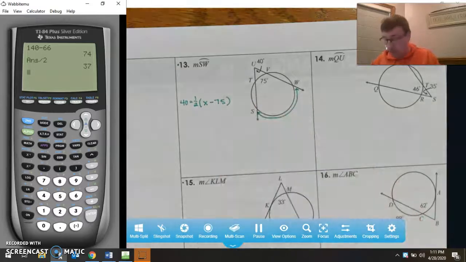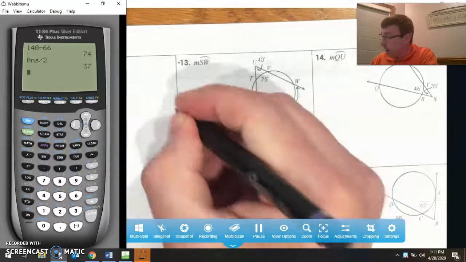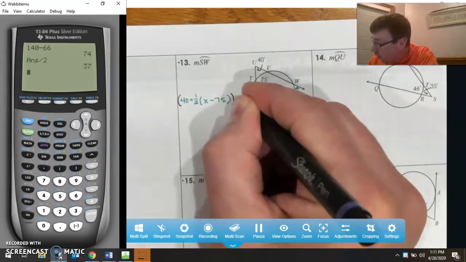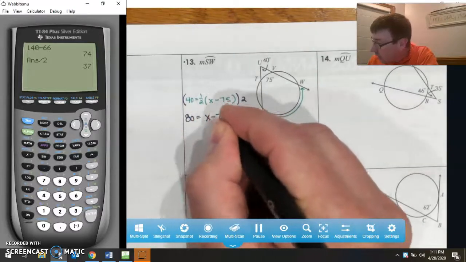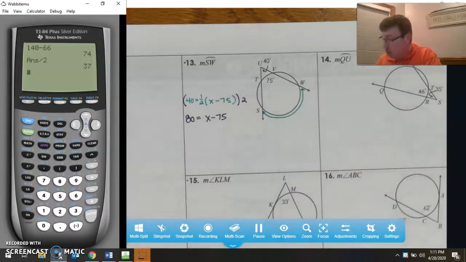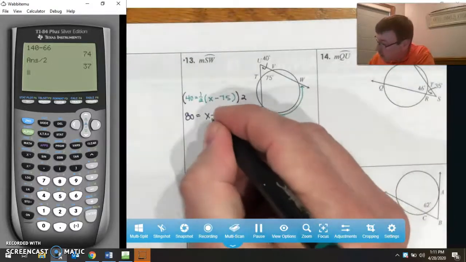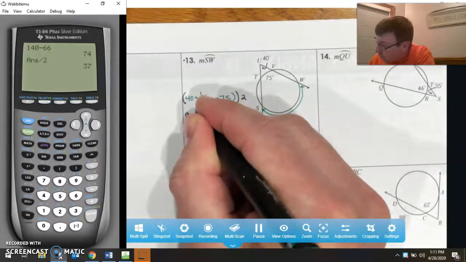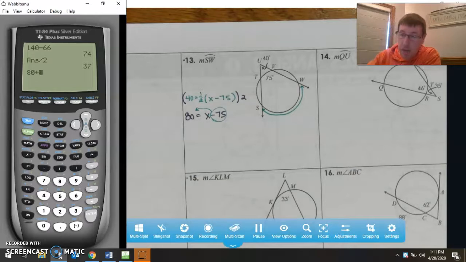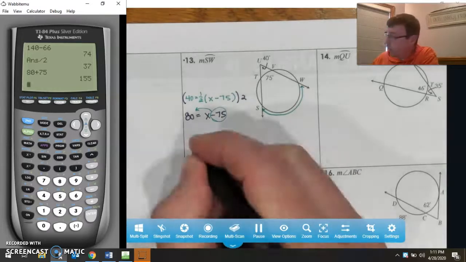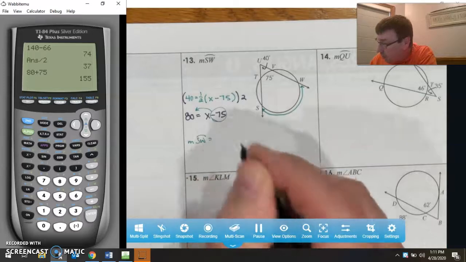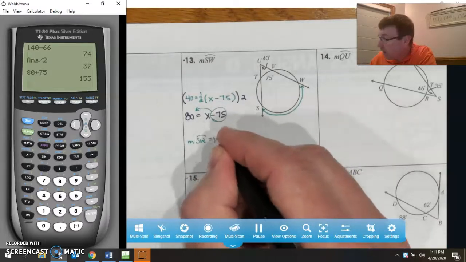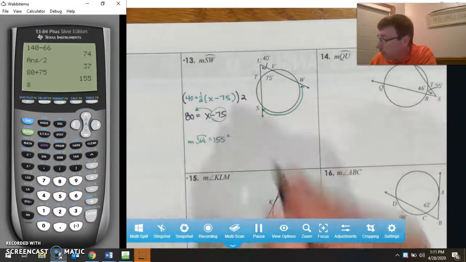I'm going to multiply both sides by 2 to get rid of the 1/2. So 80 will equal x minus 75. We're going to add 75 to both sides. 80 plus 75 is 155. So the measure of SW will be 155 degrees.